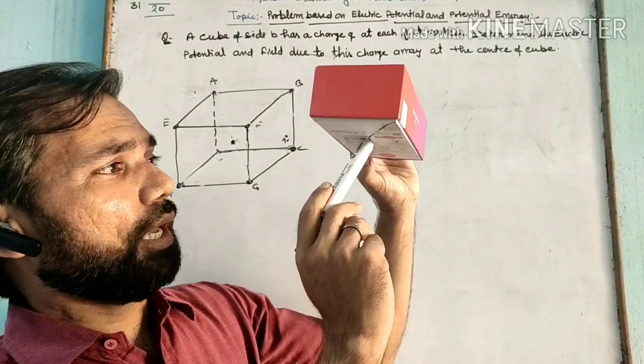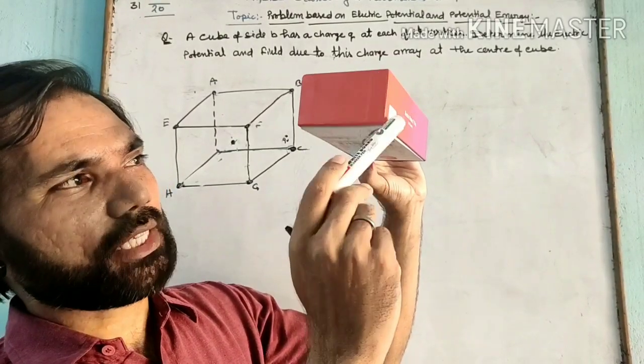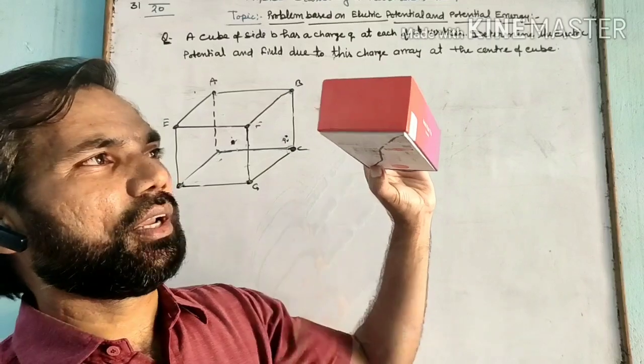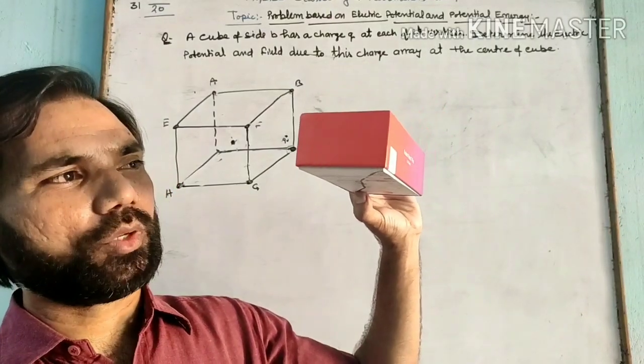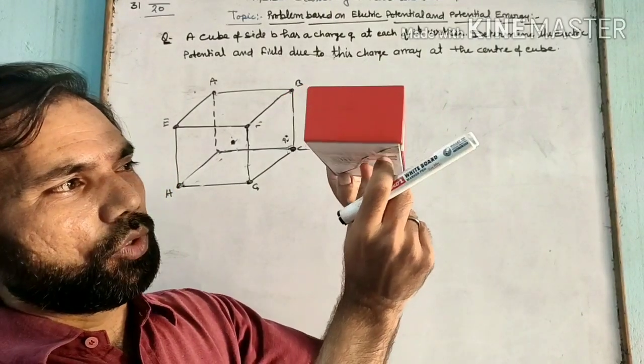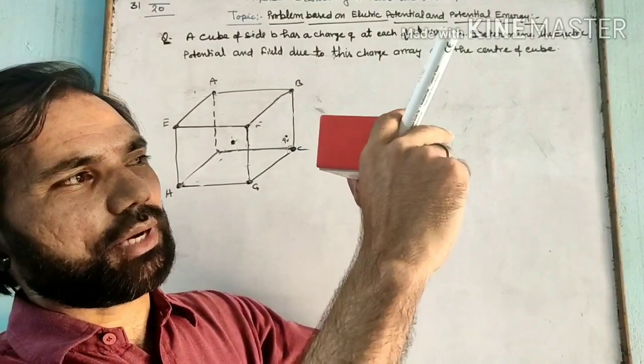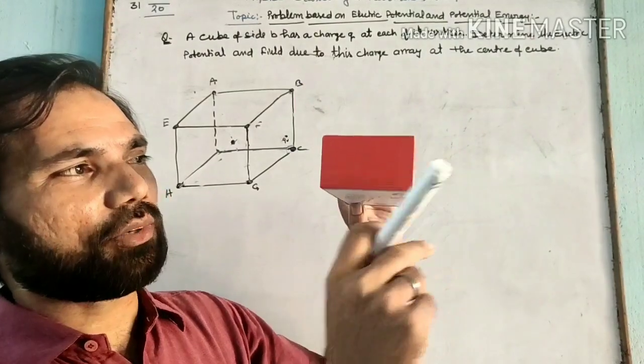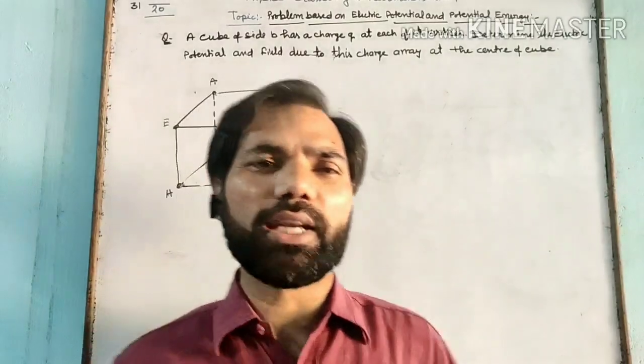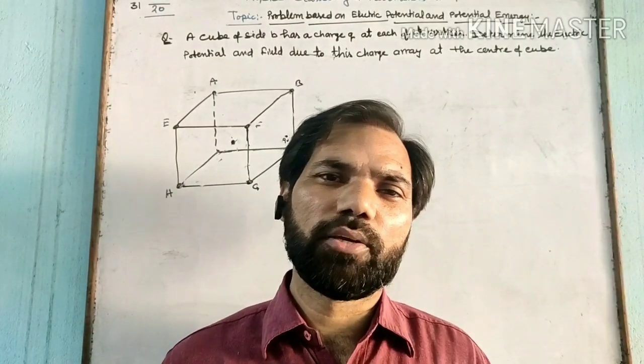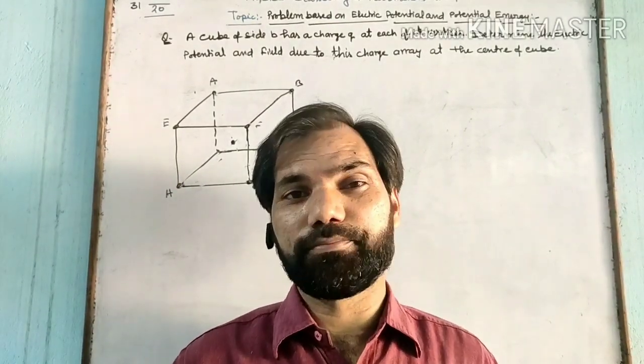So a root 2 whole square plus a square gives us the diagonal square. So the diagonal square becomes 2a square plus a square, that is 3a square, so the diagonal is equal to a root 3. So the diagonal of any cube will always be a root 3.